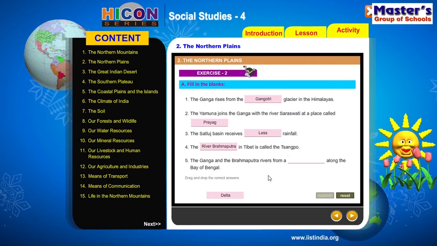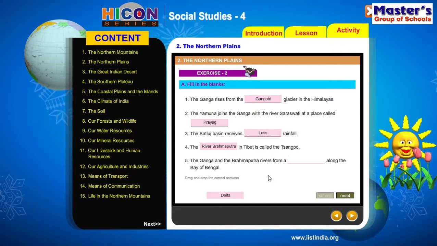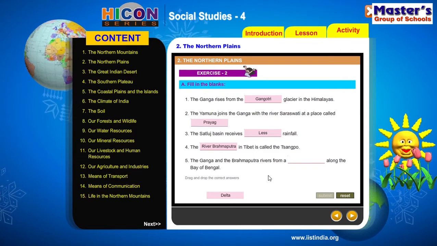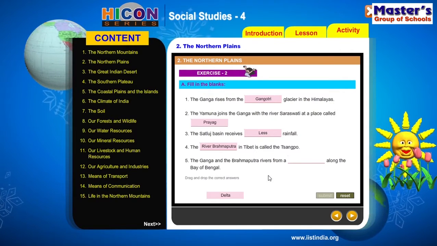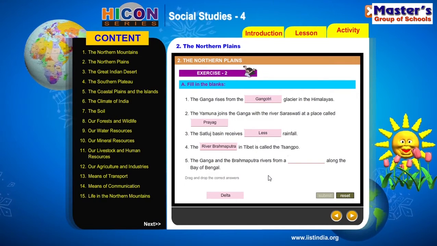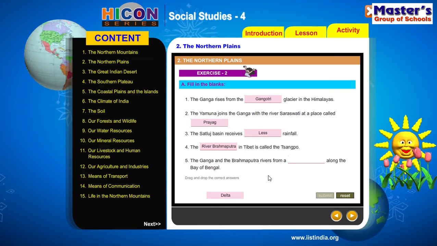Fifth one. The Ganga and the Brahmaputra rivers form a dash along the Bay of Bengal. This also we have seen. Ganga flows through West Bengal. It splits to make a branch called the Hooghly River.